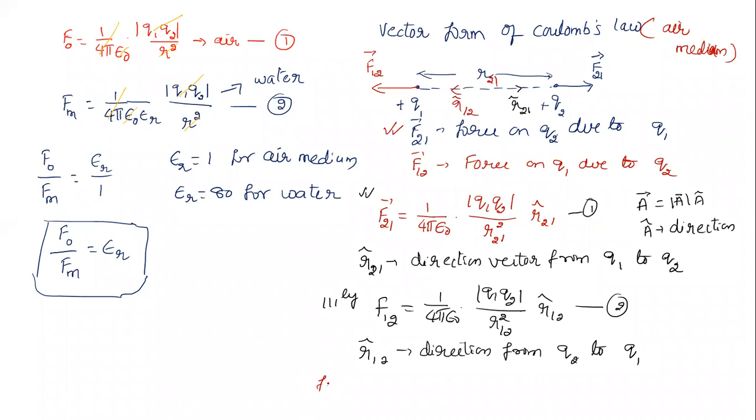So I can write from the diagram that R12 cap is equal to minus R21 cap, because if I take this point as A and this point as B, the magnitude is the same but the directions are different. How can we indicate different direction? By inserting a negative sign.